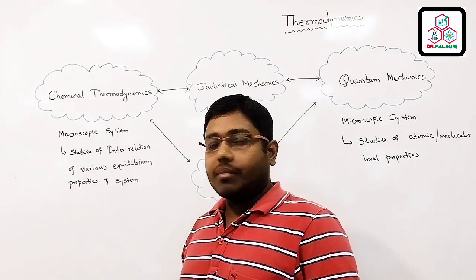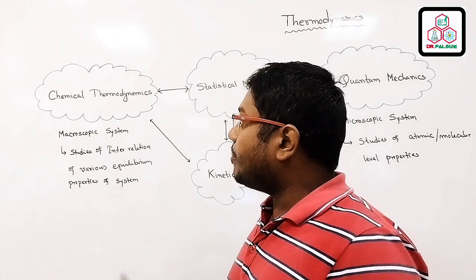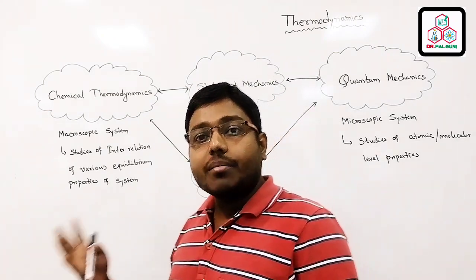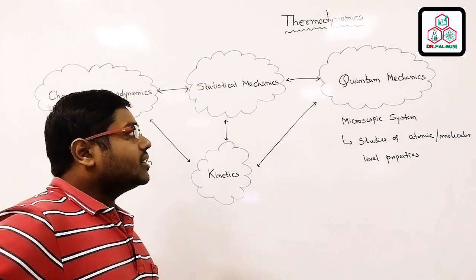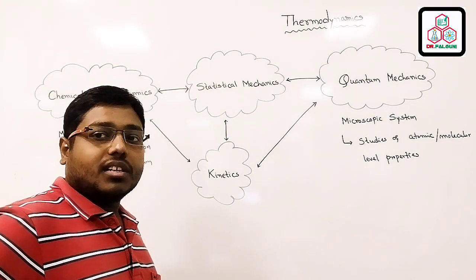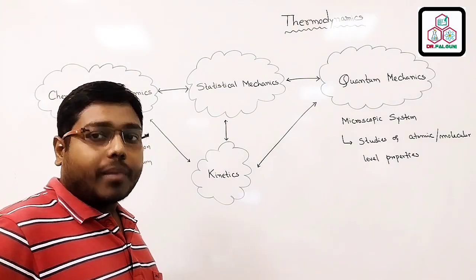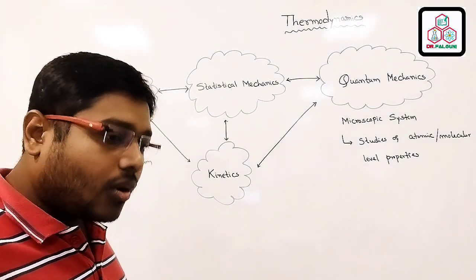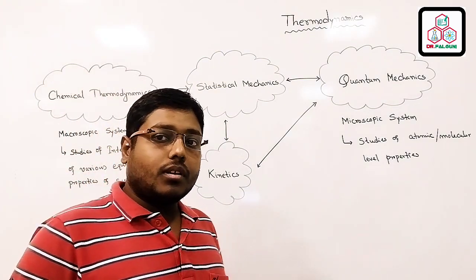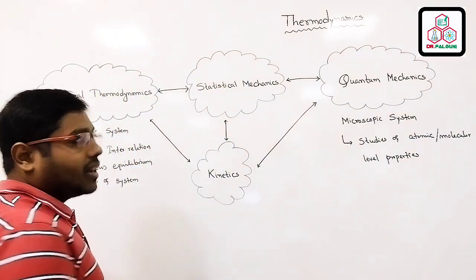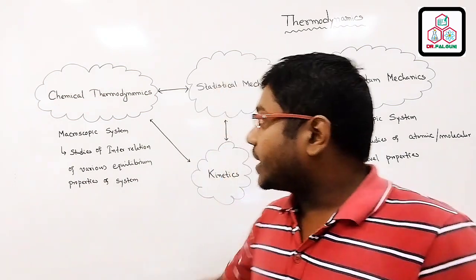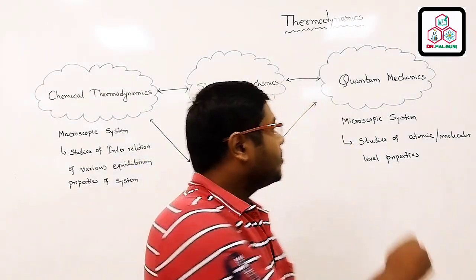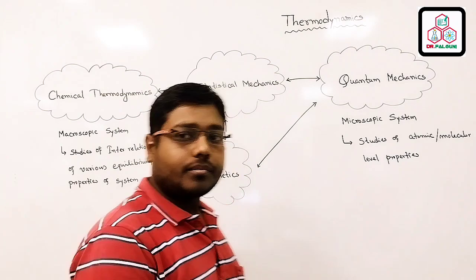Chemical thermodynamics is the study of macroscopic systems, that means observable systems. Quantum mechanics is the study of microscopic systems, that means subatomic particles: electron, proton, neutron. Statistical mechanics can bridge the macroscopic system and the microscopic system.